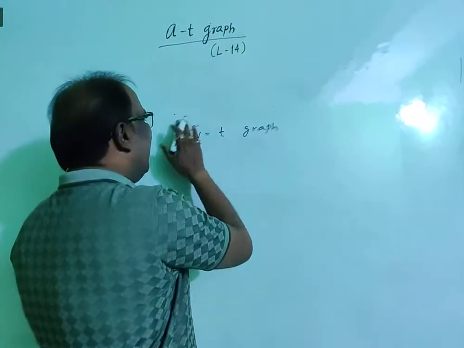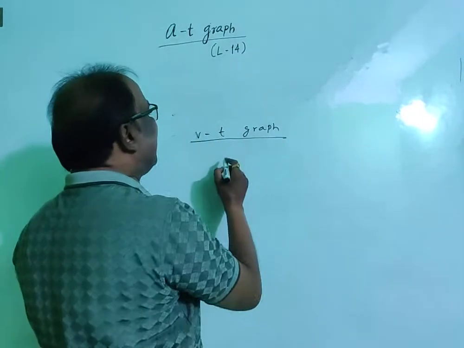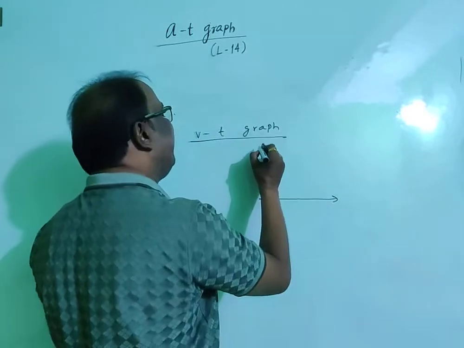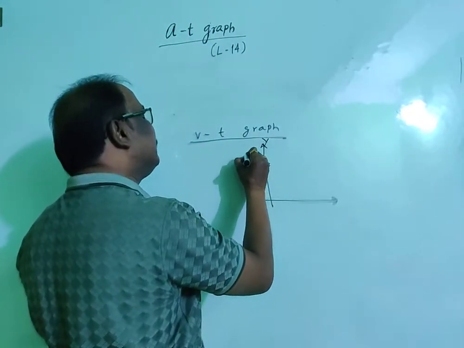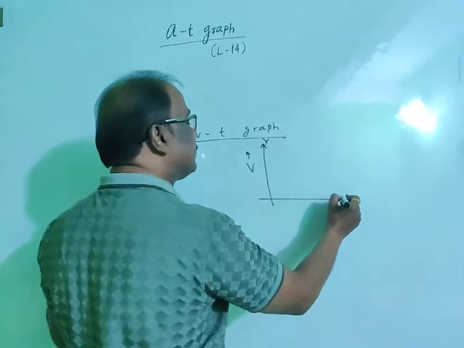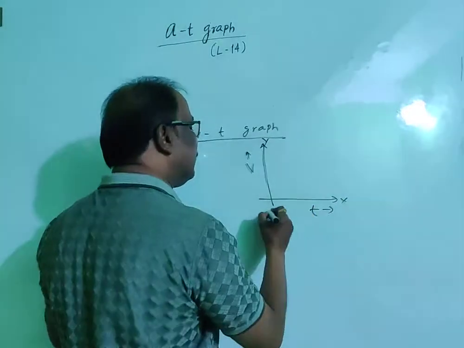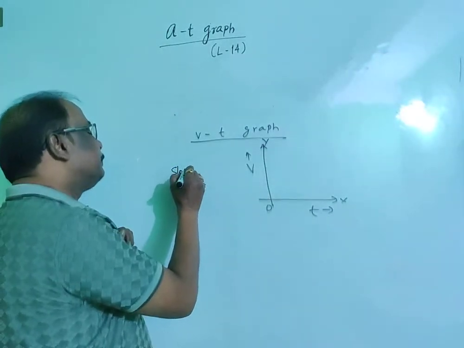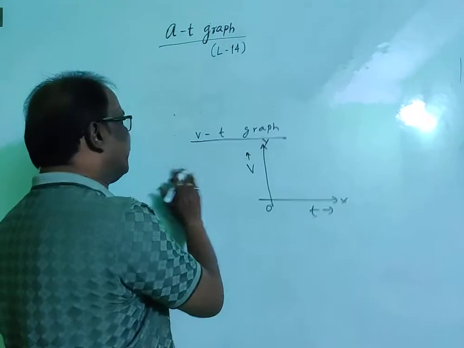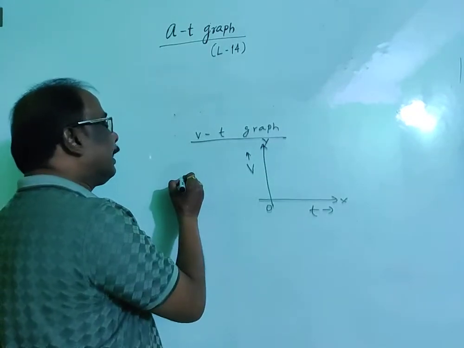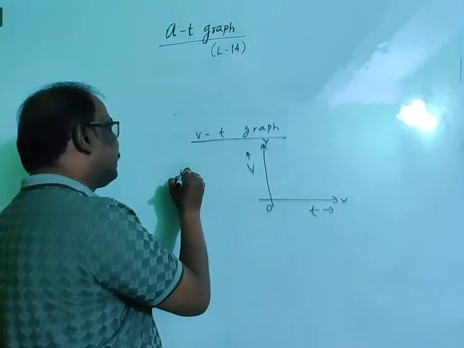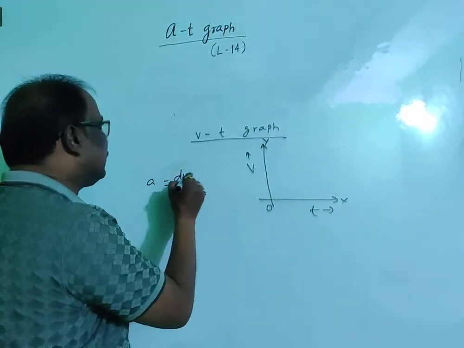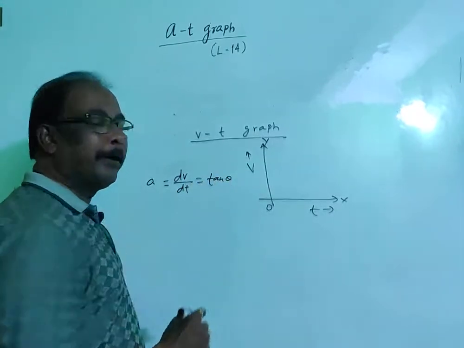Let me recall the VT graph. A VT graph means the variation of velocity with respect to time. Let the variation of velocity be represented along the y-axis and the variation of time along the x-axis. The slope of the graph is calculated by taking dv by dt, the rate of change of velocity, and that is acceleration, which equals tan theta.